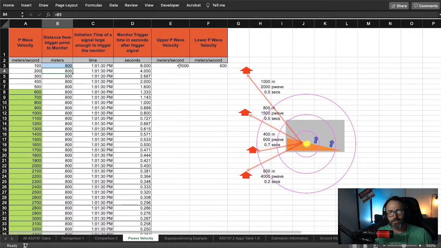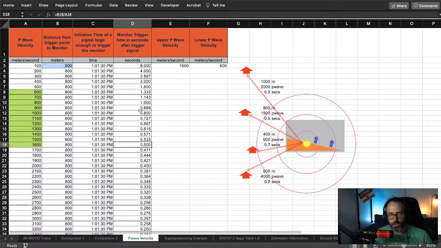And so that meant that, if I was to type 1600 here, I've got this range here. If I'm looking at a vibrational result, when I get the vibration from a blast that's 800 meters away, I have a range between seeing that vibration 1.3 seconds after the blast is fired, or half a second after the blast is fired.